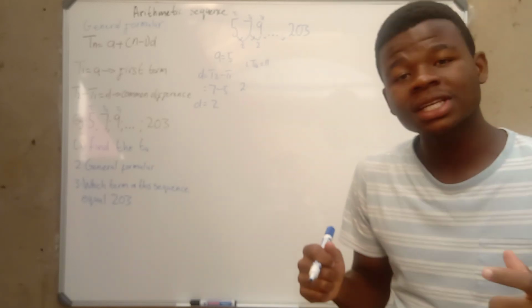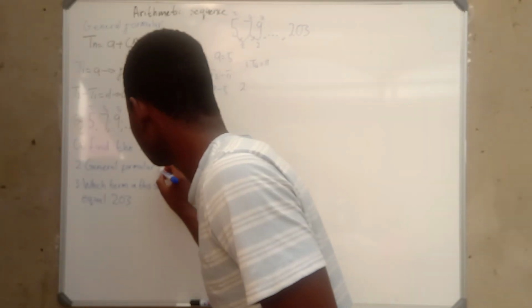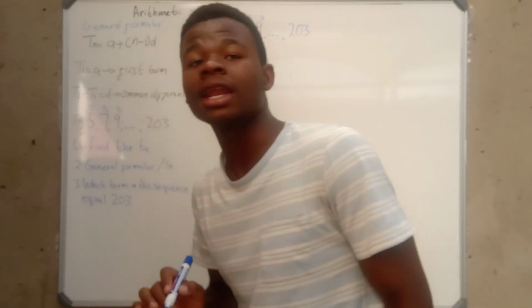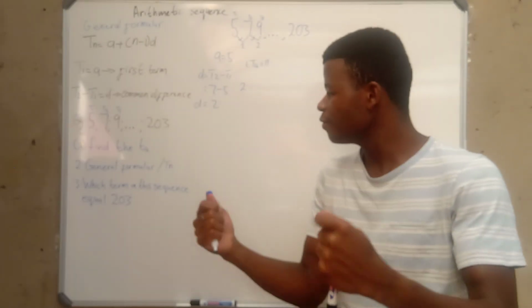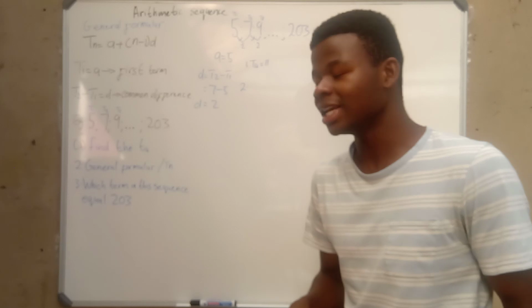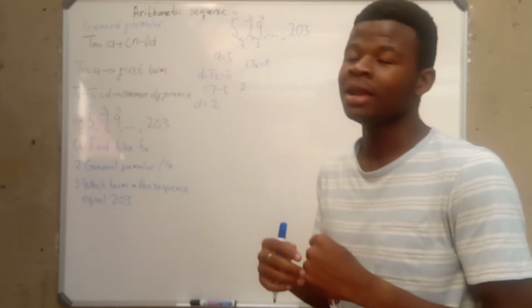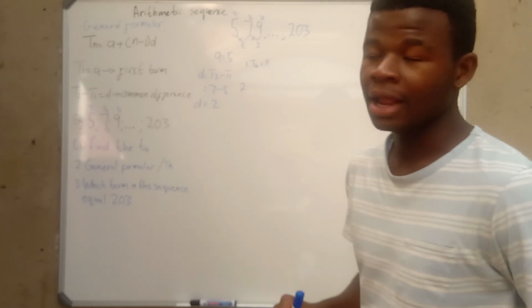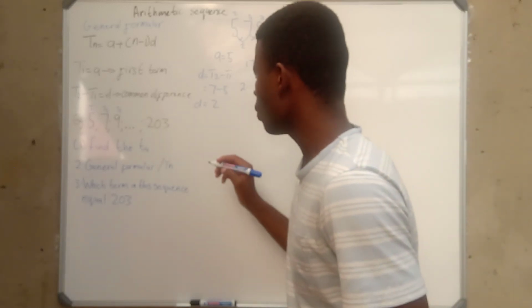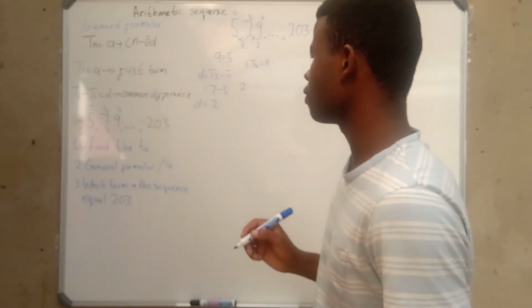If they don't say general formula, they use this sign, Tn. So guys, don't get confused when you see a Tn there. It just says general formula, but in a very tricky way. So how will I find the general formula?